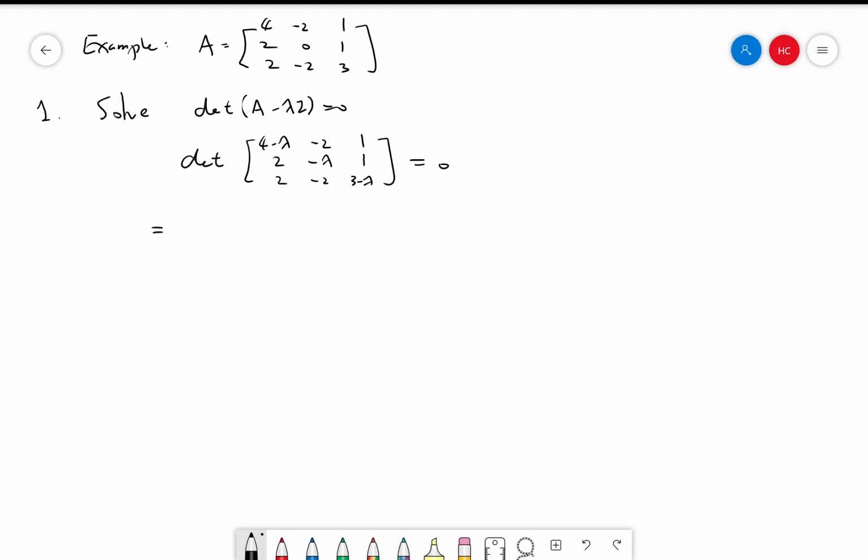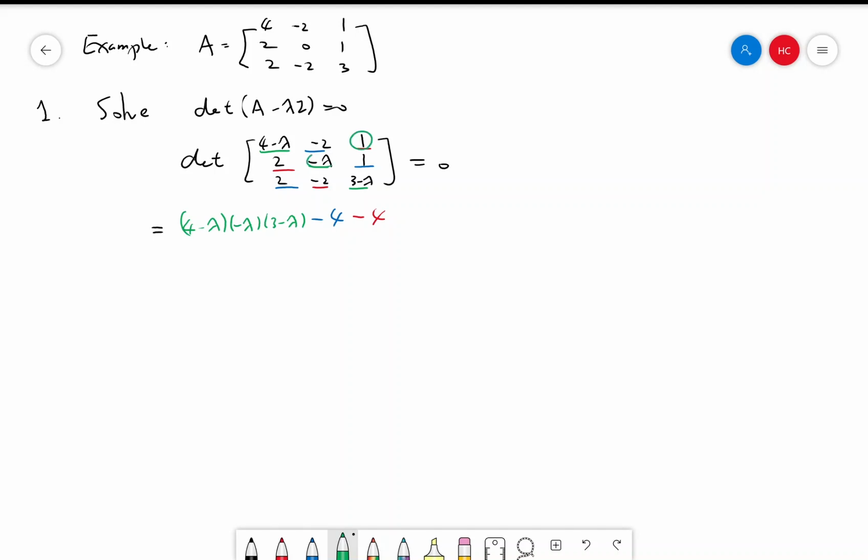It's a 3 by 3 matrix, so the determinant has 6 terms. Let's do the 3 positive terms, top left to bottom right. It's 4 minus lambda times negative lambda times 3 minus lambda, and the other two diagonals give you negative 4 and negative 4. Those are the 3 plus terms, and there are 3 minus terms.